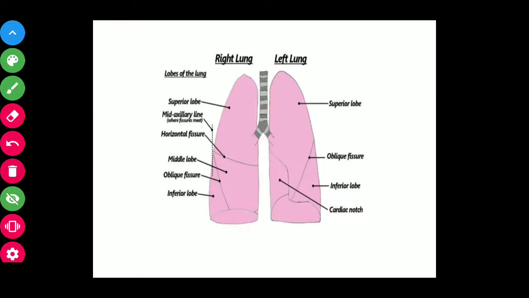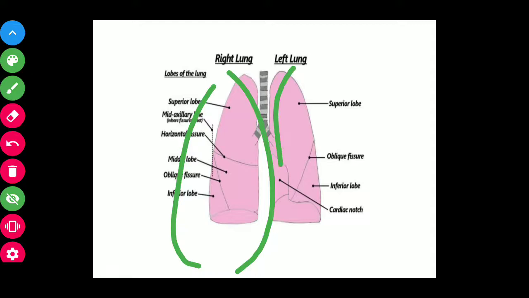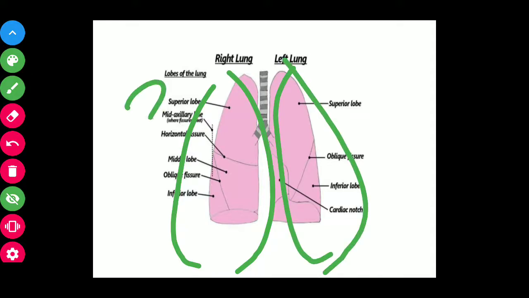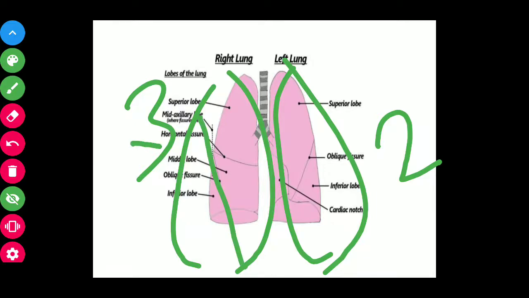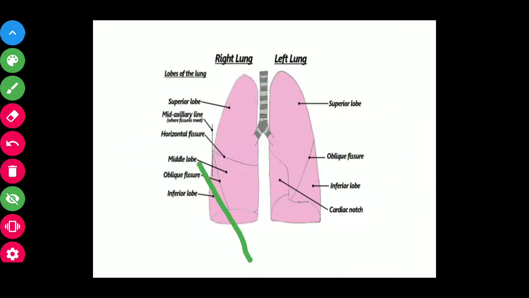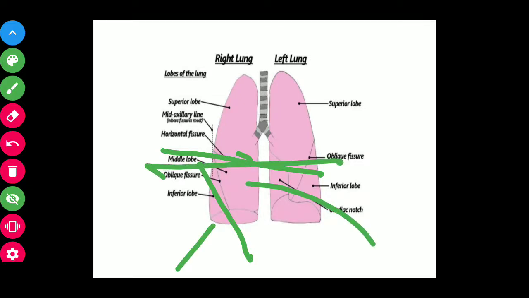As I said, the right lung has 3 lobes and the left lung has 2 lobes, divided by fissures. One is the oblique fissure and one is the horizontal fissure. The oblique fissure divides the middle and lower portions. The horizontal fissure divides the superior and middle lobes.